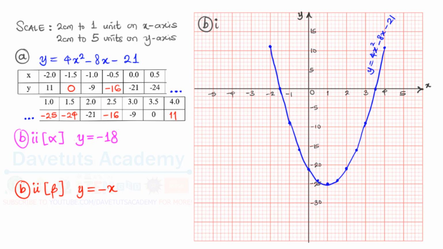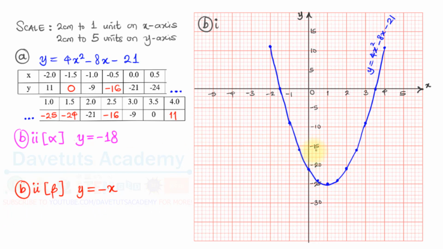Okay, then that means we are through with the A part, the question on the A part. But looking at the B part, look at what we're asked to compute. Y is equal to minus 18. What we need to do here, y is not depending on x, it's just a constant, and the constant is minus 18, meaning that we are going to look at where minus 18 is. This is minus 15, this is minus 20, and we have said that the increment in this particular graph is just one unit.